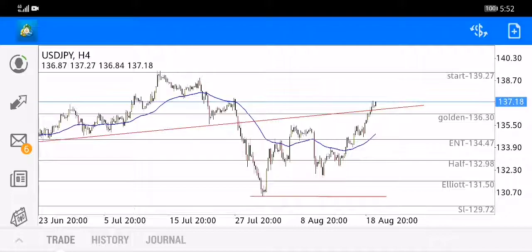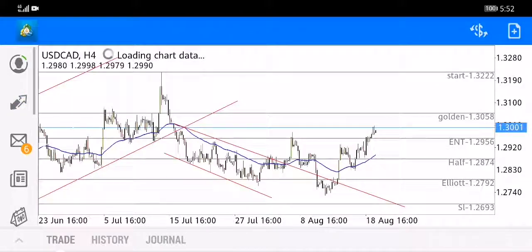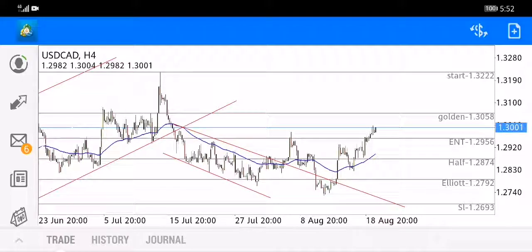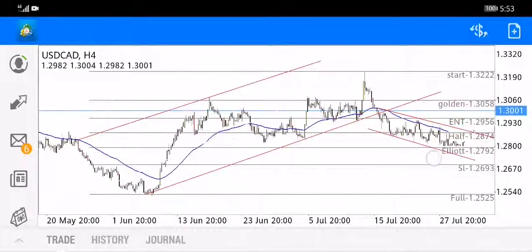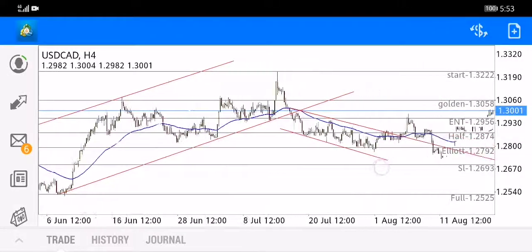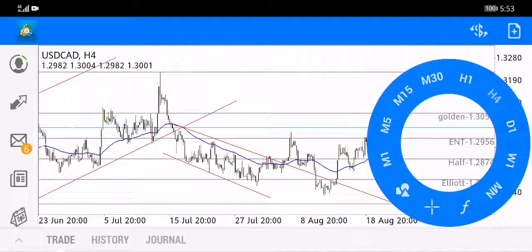Now take a look at the USDCAD currency pair. As the USDCAD currency pair is going in the upside direction very strongly, this is the scenario we are drawing, and you also draw this type of scenario. These are the support and resistance levels.